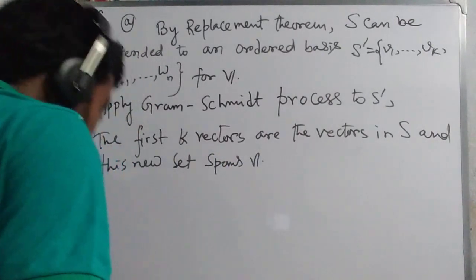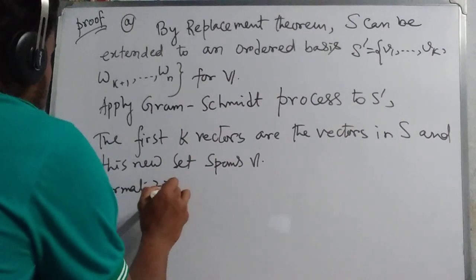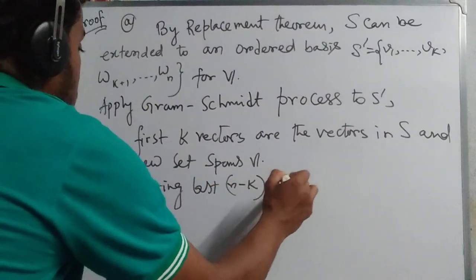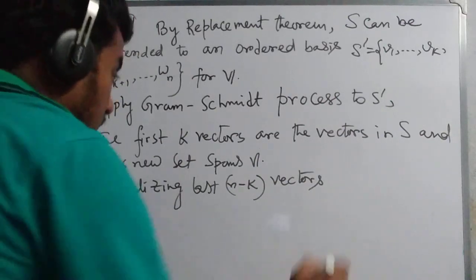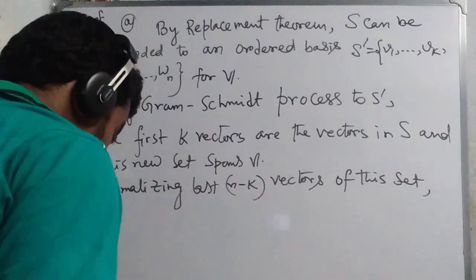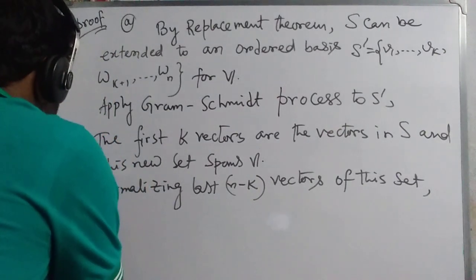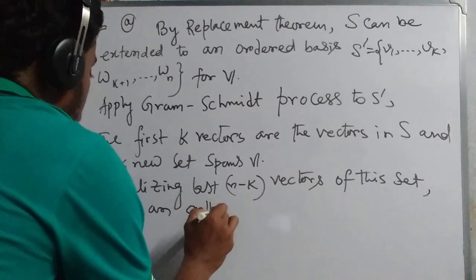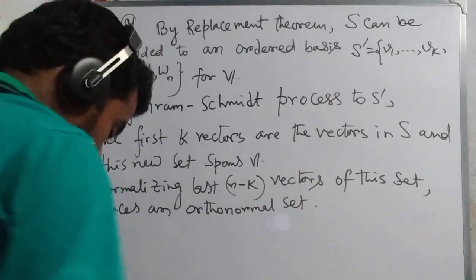Then normalizing the last n minus k vectors of this set produces an orthonormal set.